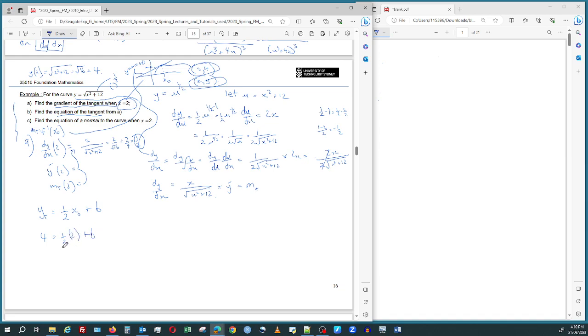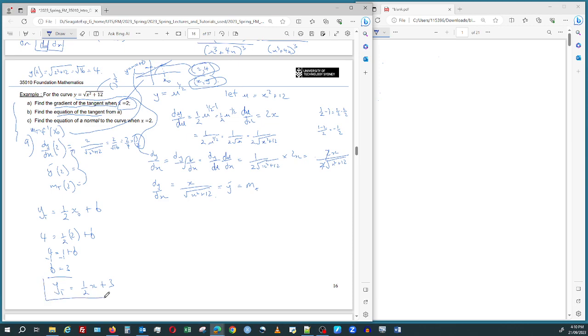So that's 2 over 2, which is 1, plus b. So subtract 1. B is equal to 3. So the equation of the tangent is y equals 1/2 x plus 3.